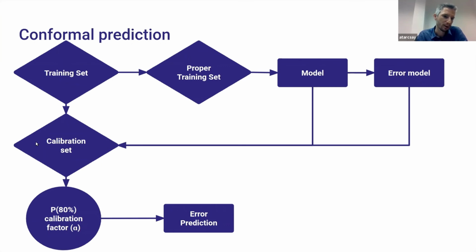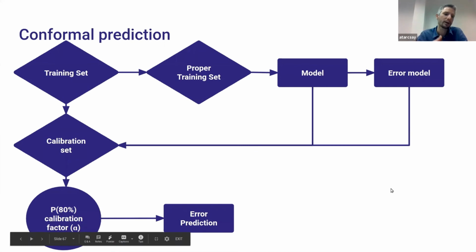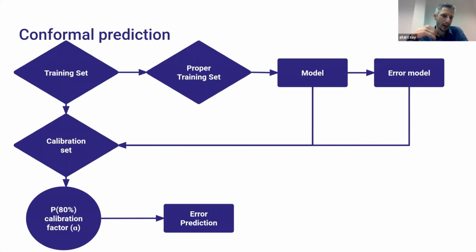The reserved part goes to the calibration set, and then you apply the model, you apply the error model, and then you rank the compounds based on the error, and look for a calibration factor, a simple multiplier. How much do you have to multiply the error to be able to predict in 80% of the cases the observed error on the calibration set?